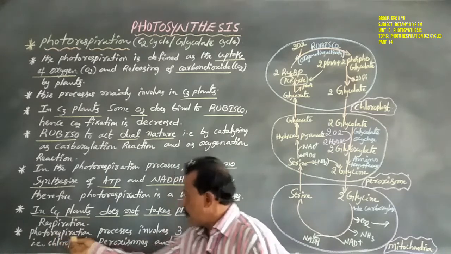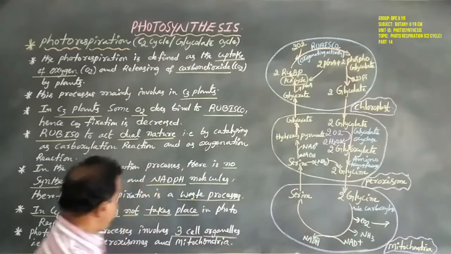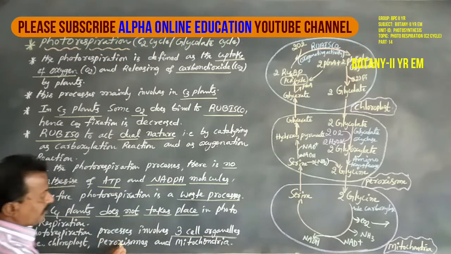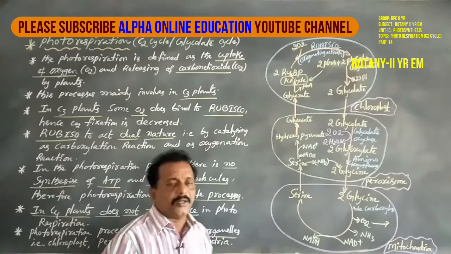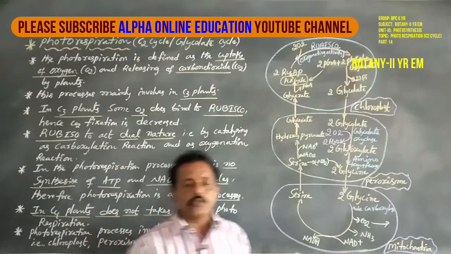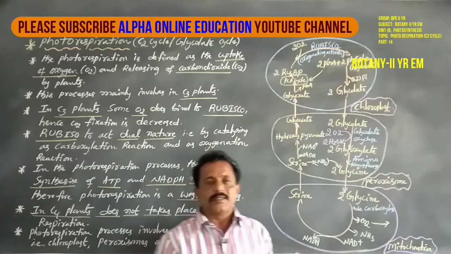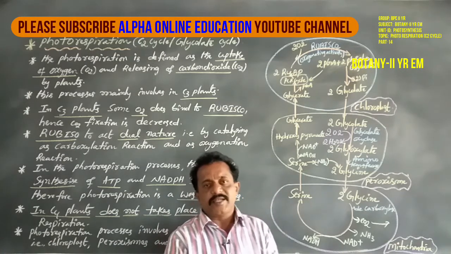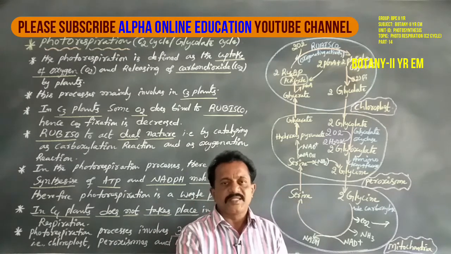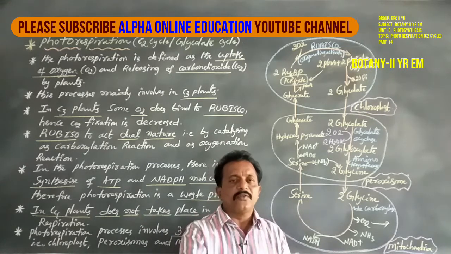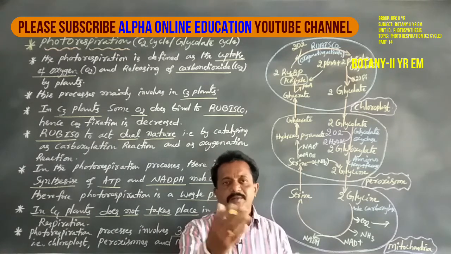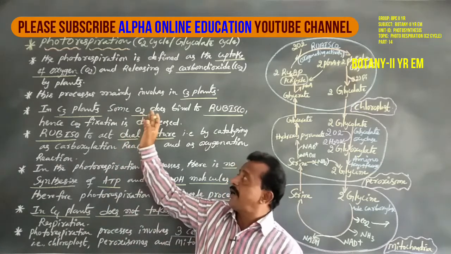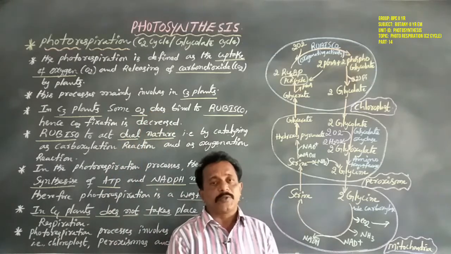Next, the photorespiration process involves three cell organelles, such as chloroplast, peroxisomes and mitochondria. These are some of the main characteristic features of photorespiration.